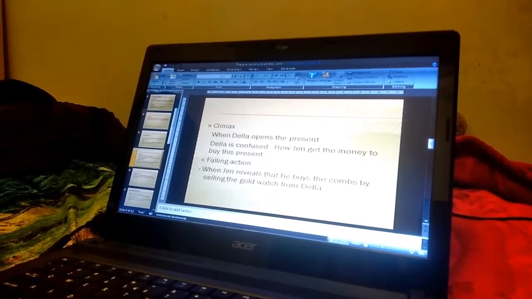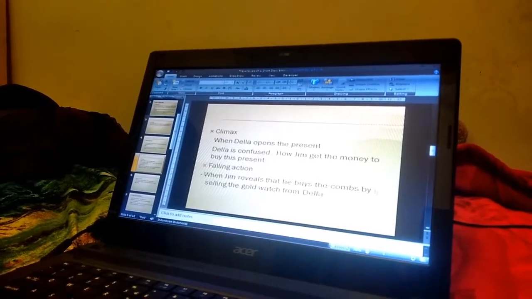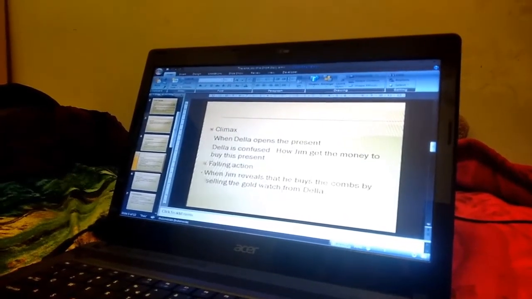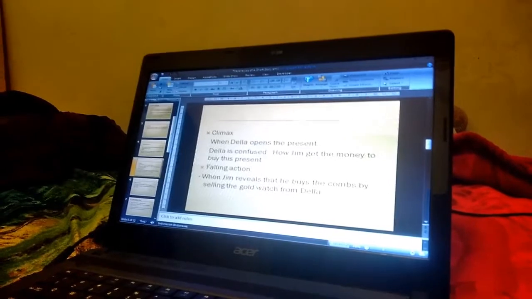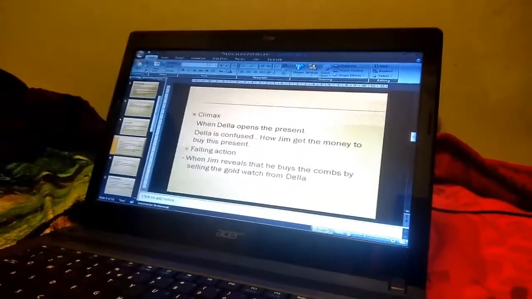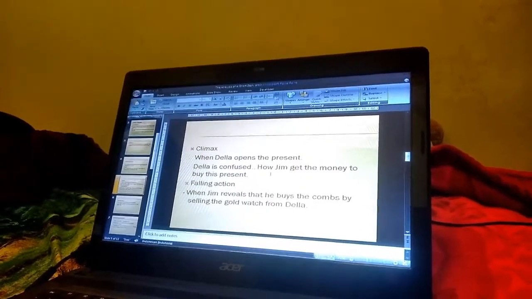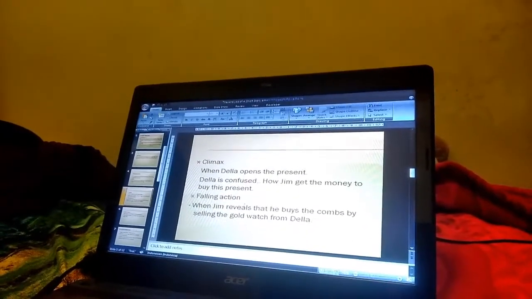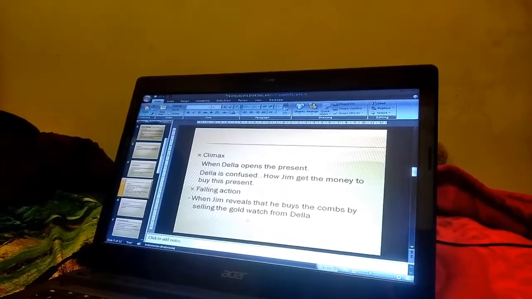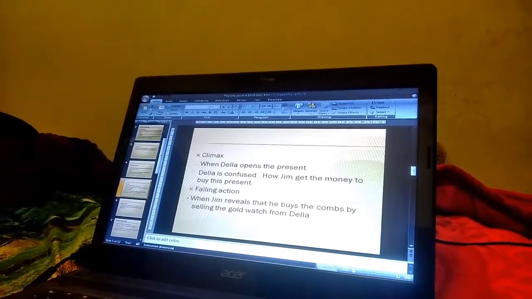In the falling action, finally, Jim reveals that he bought the combs by selling the gold watch from Della. So yes, I think in this story, we know that both of them try to sacrifice the best thing that they have and try to give something special to their beloved wife and beloved husband.